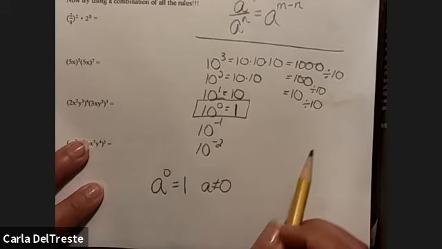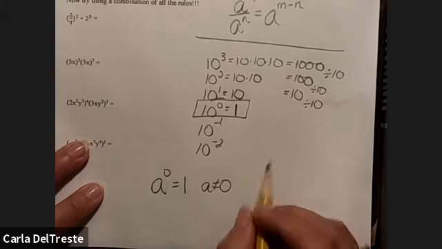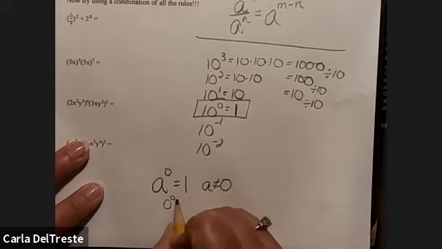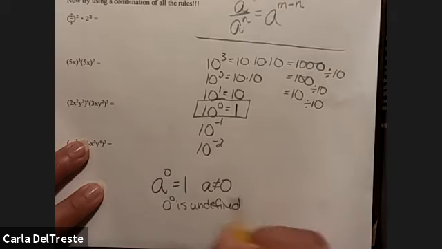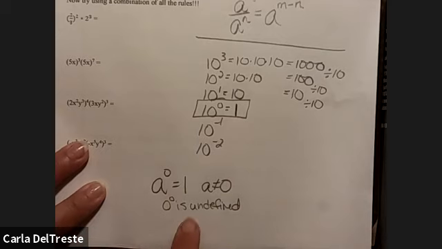This pattern would not make sense. 0 to the 0 is undefined. We can't do that. That's the one exception here. But I will be saying, anything to the 0 power is 1, with your knowledge that there is this one exception. But anything to the 0 power other than 0 is 1. That's a very important fact.